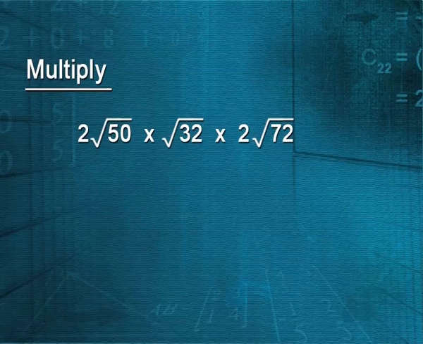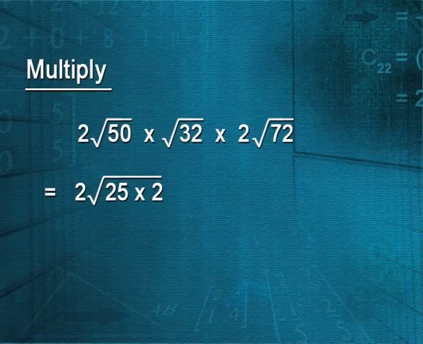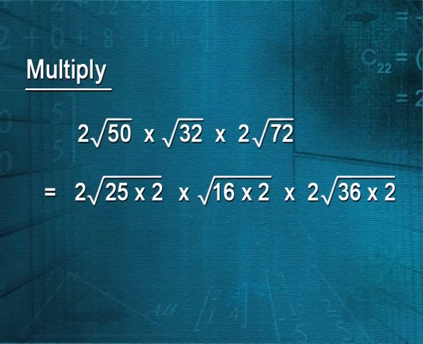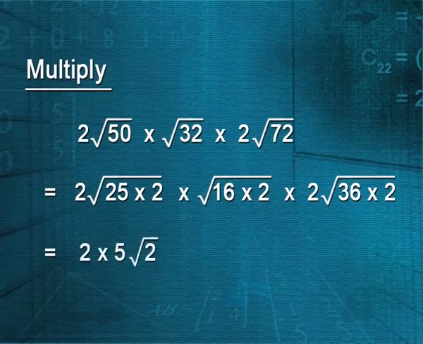2 root 50 can be written as 2 root 25 into 2. Root 32 can be written as root 16 into 2, and 2 root 72 can be written as 2 root 36 into 2. In 2 root 25 into 2, the square root of 25 is 5, so we can take 5 outside and write it as 2 into 5 into root 2.